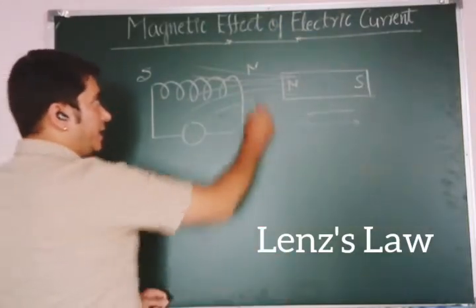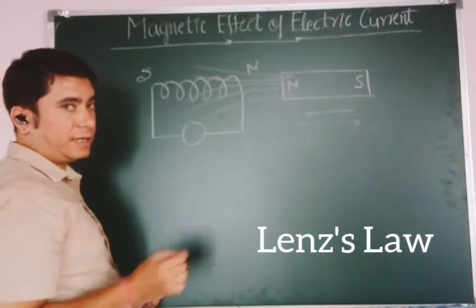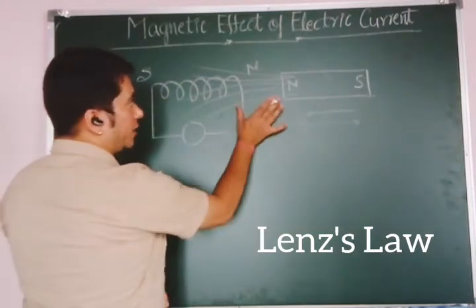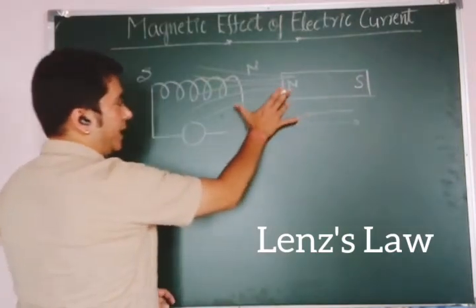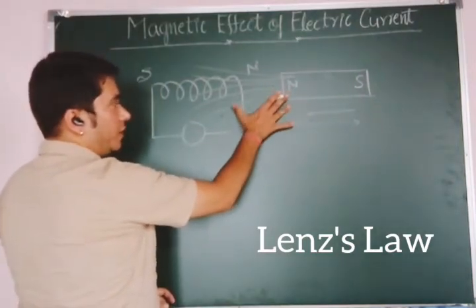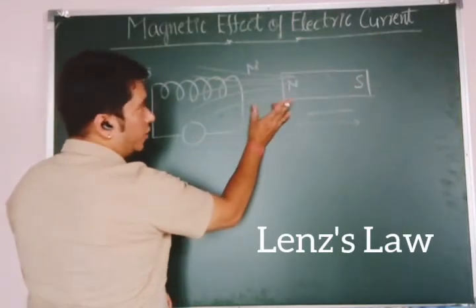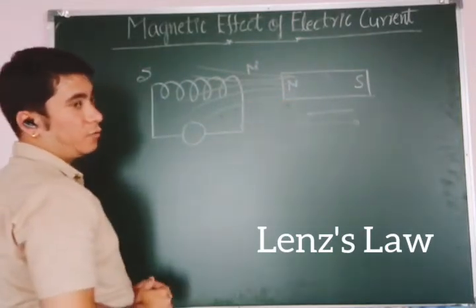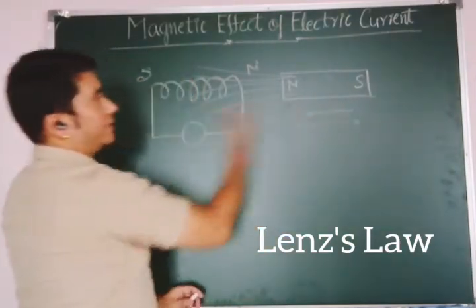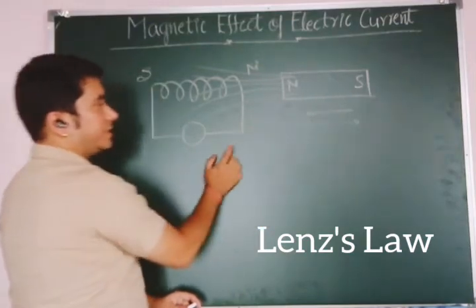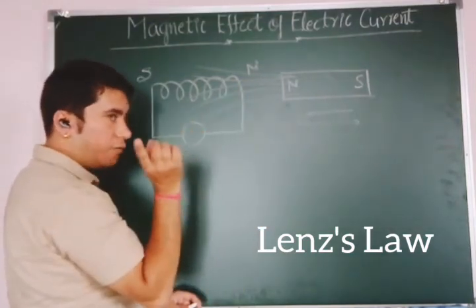Why? If this pole of the coil is north and this pole is south, then north and north will repel each other, because this is the north pole of the magnet and this will be the north pole of this coil, this circuit. The magnet wants to come towards the circuit, but it is opposed because of this polarity.